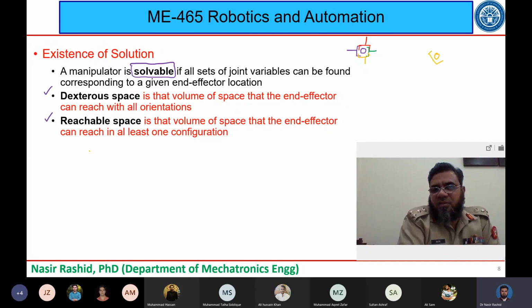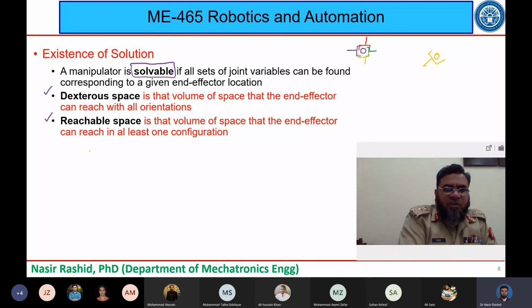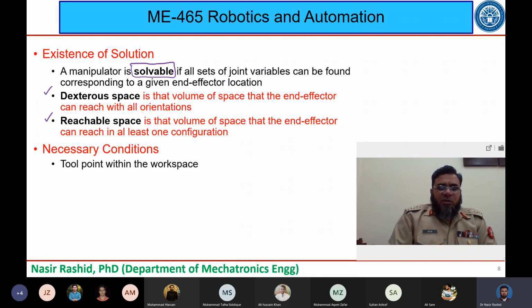So at least एक configuration में if the gripper or the end effector of the manipulator can reach in one configuration, at least one configuration, so that is called our reachable space. So now let me just give you an example of this. Let me erase this, and so let us see the necessary conditions, but first of all let's see what the tool point within the workspace.